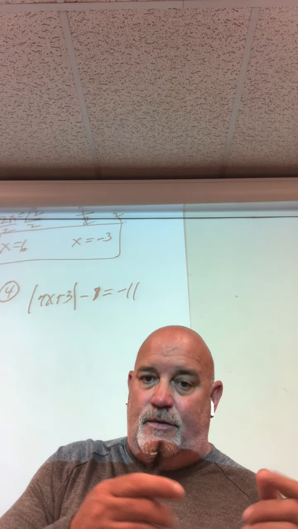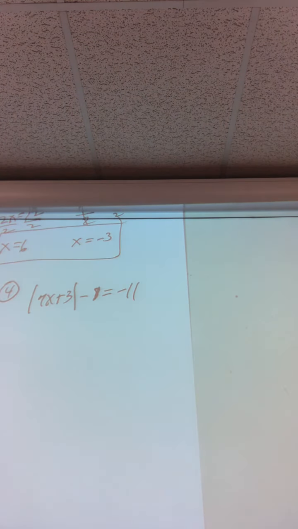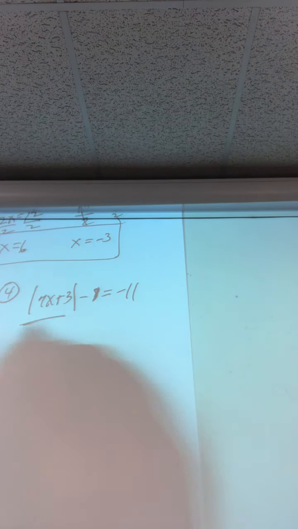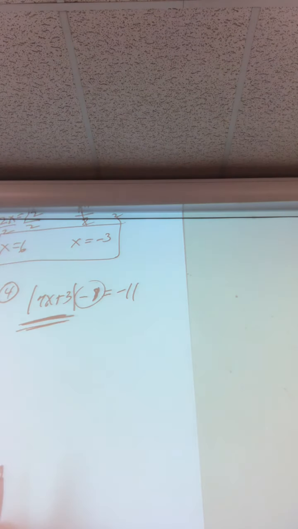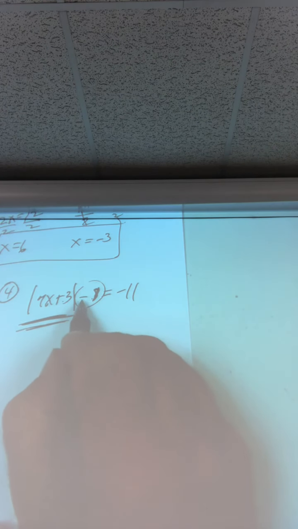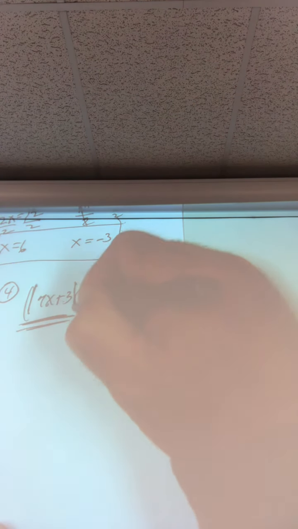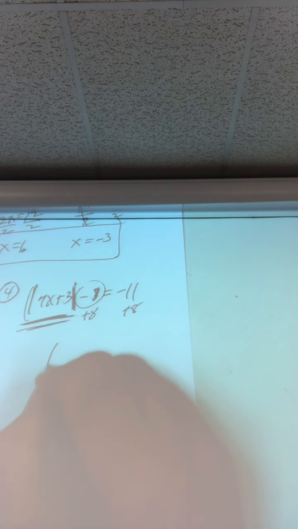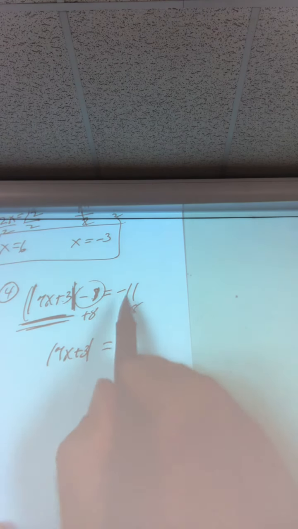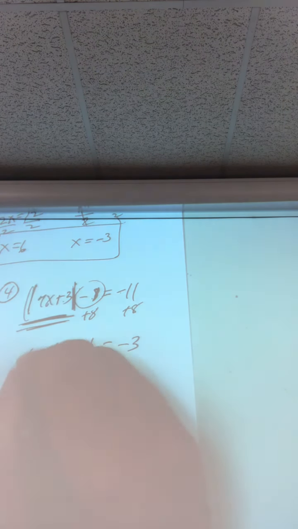Don't get ahead of yourself. Step 1, isolate the absolute value term. Here it is. It is not by itself. I have to get rid of the subtracting 8. I cannot add it with this number. So to get rid of the subtracting 8 that's outside these symbols, add 8 to both sides. So now I've got absolute value of 7x plus 3 equals, still with absolute value symbols there, negative 11 plus 8 is negative 3. So that's step 1.